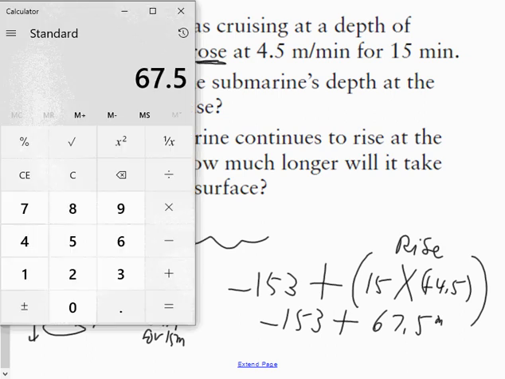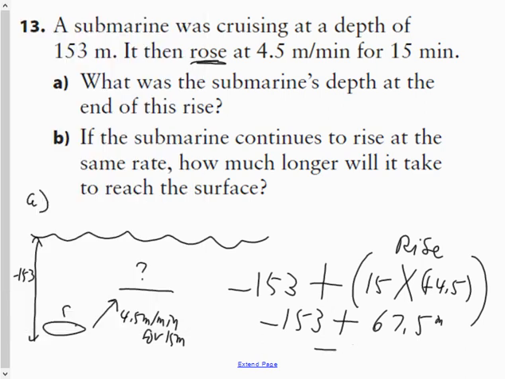So we take its depth, which is negative 153, and we add to that its positive change in altitude. That means it is now only 85.5 meters under the water after that duration.